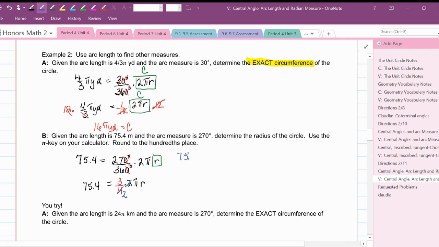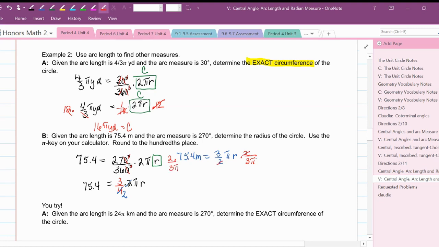So I have 75.4, that's meters, is equivalent to 3/2 pi times the radius. We know we need to multiply by 2 over 3 pi.